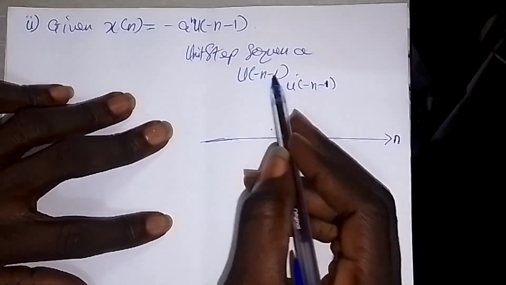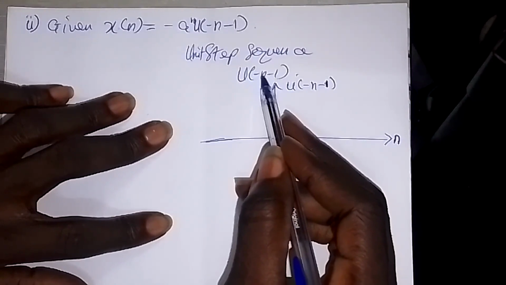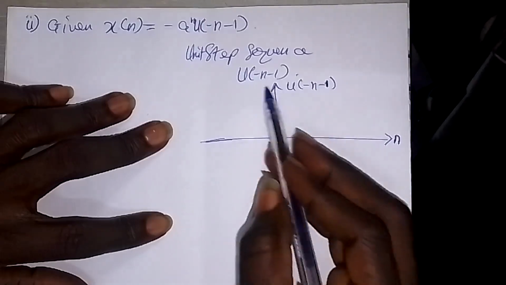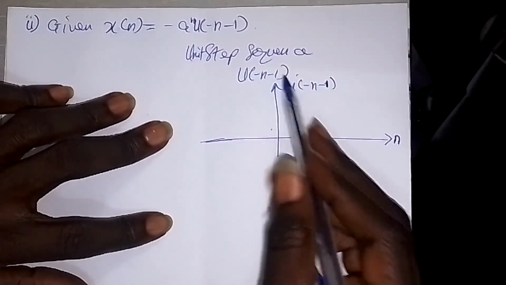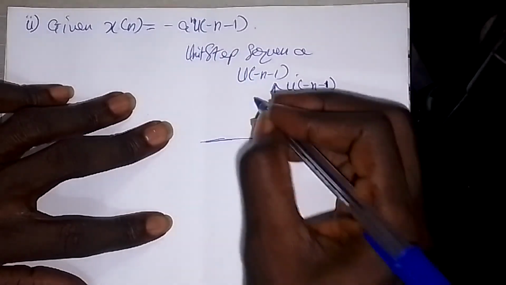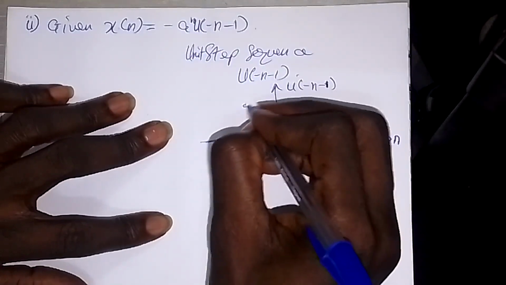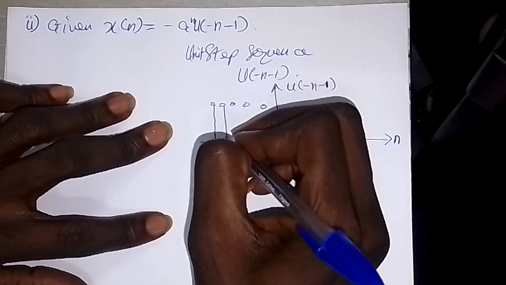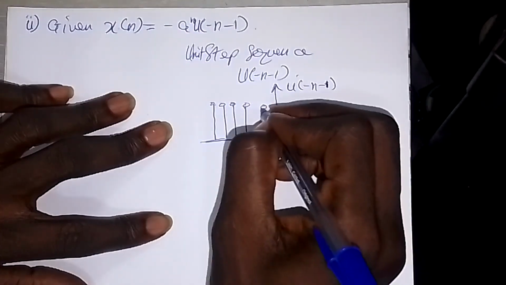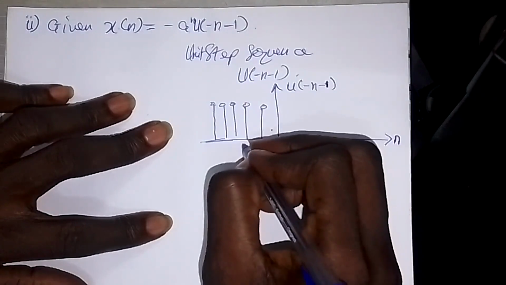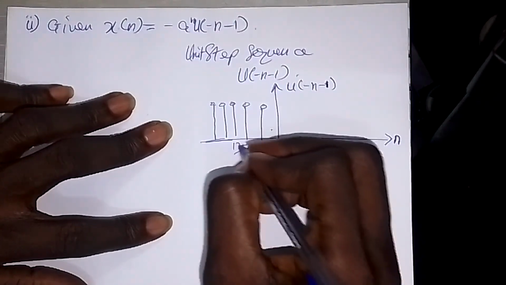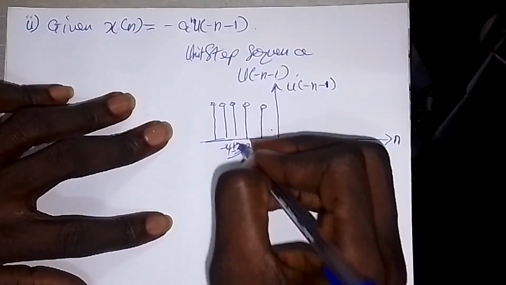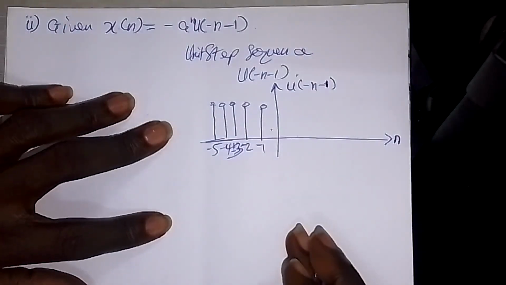Now n minus 1 means that n is equal to 1, but we cannot start from 1 here because of this minus. So that 1 must be negative because of this minus. So I'll start from here, and everything will start from here: minus 1, minus 2, minus 3, minus 4, and minus 5.